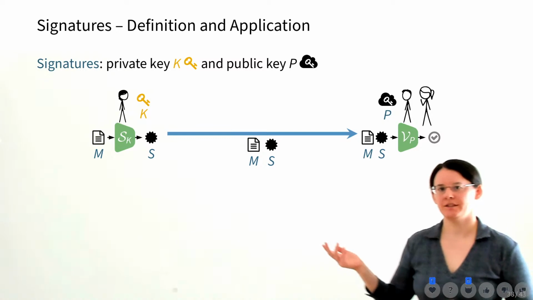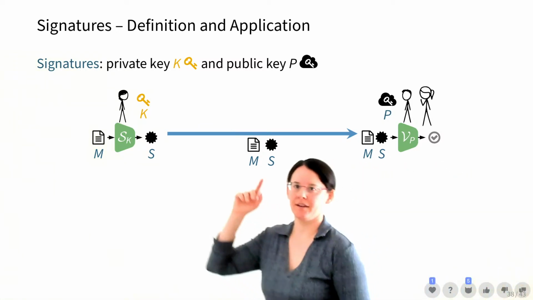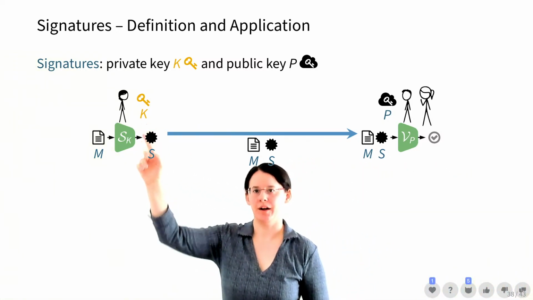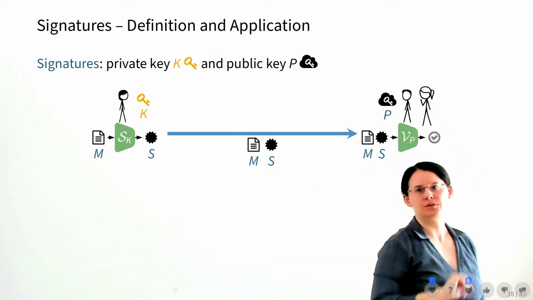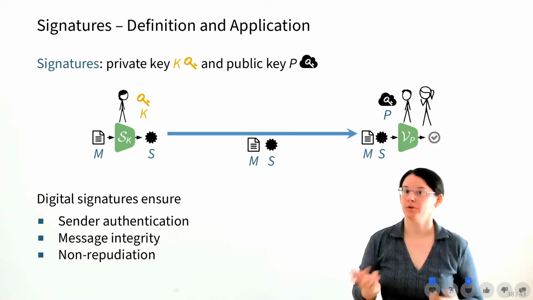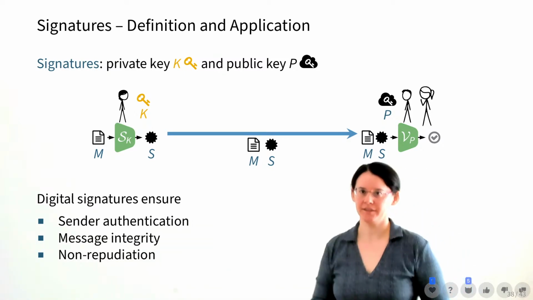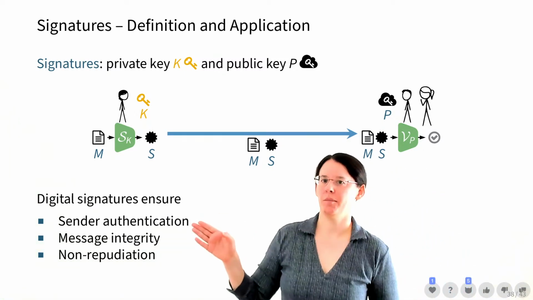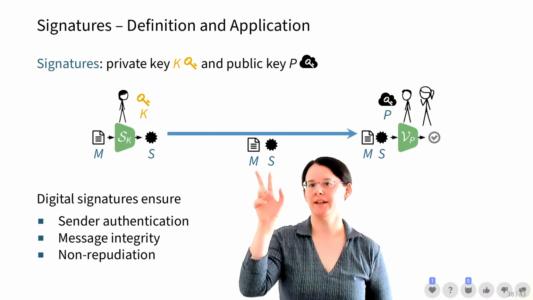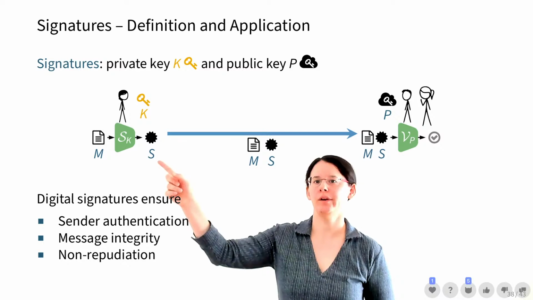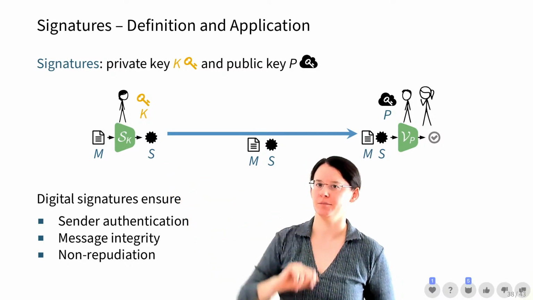And the usage is very similar to a MAC, except that Alice now has the private key, so the person who signs, and the public key is sufficient to verify. And what kind of properties do we get? We get the property of sender authentication, so we definitely know who sent this message. It can only have been Alice because only Alice has the private key.